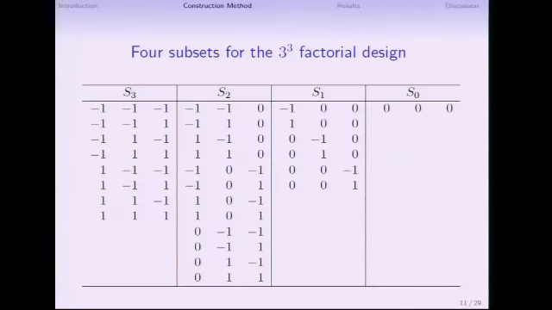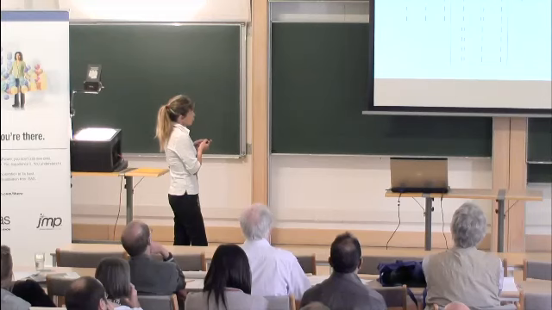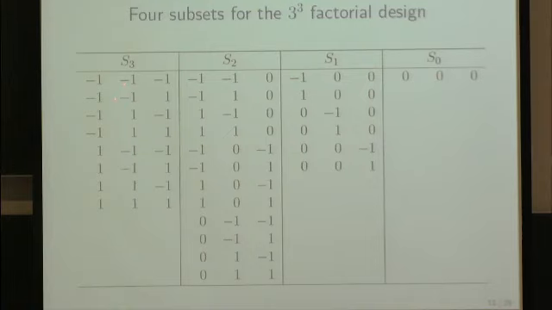So here we can see the 4 available subsets that we take for the 3-factor design. The subset S3 contains all the runs that have the factors at the high or the low level, meaning -1 or 1.